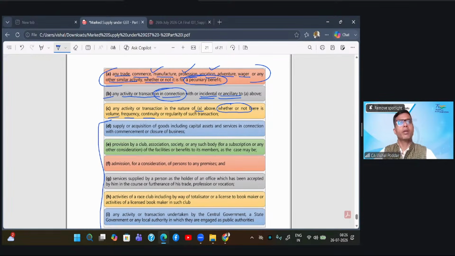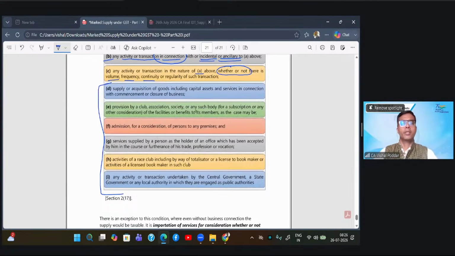It means even a one-time activity, even a small value activity, even a less frequent or less regular activity will also be a business if it is in the nature of trade, commerce. So let us say you take a coaching class for your group of friends only once. Will that one-time activity of taking coaching be treated as business? The law says yes. We have nothing to do with its regularity or continuity.